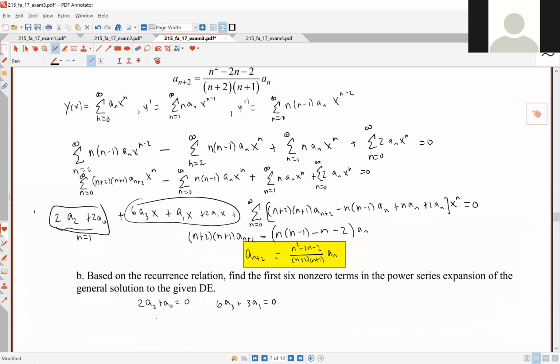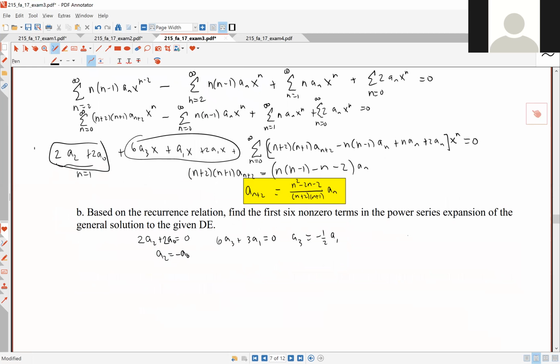And so the first one says that a2 is negative 1/2 of a0, and this one says that a3 is negative 1/2 of a1. Yeah, I wrote that down incorrectly, didn't I? It's 2a0, so that says that a2 is negative a0. But it says that a3 is negative 1/2 a1.